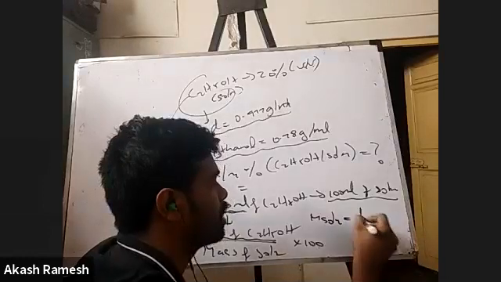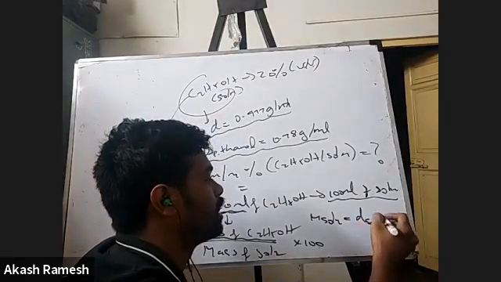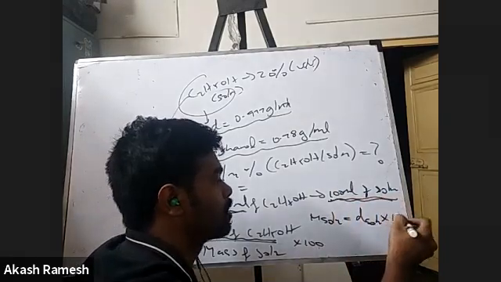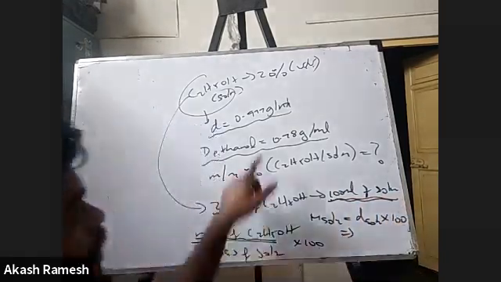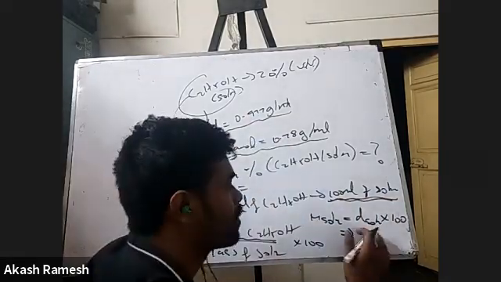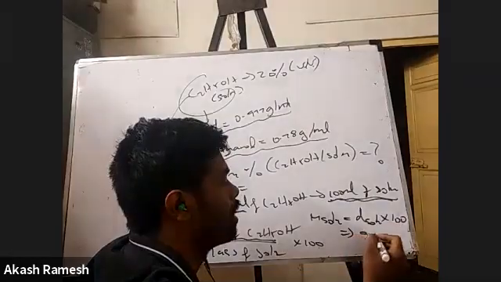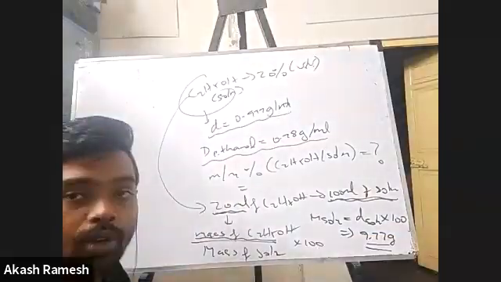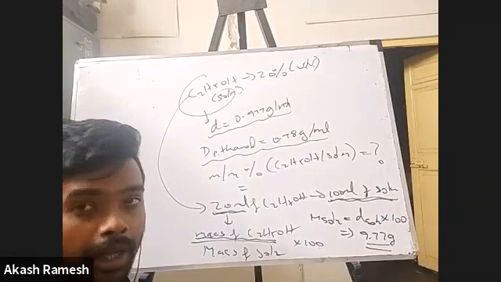So the density of the solution into the volume of solution. The volume of solution is 100. Density of solution is given as 0.977. So 0.977 into 100 will become 97.7 grams. Mass of solution is 97.7 grams.